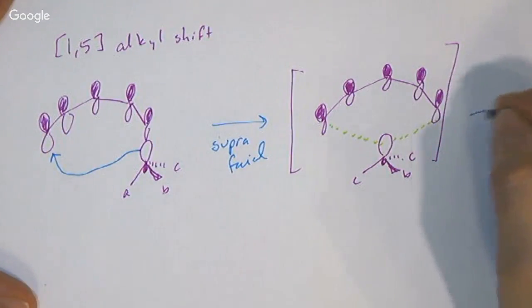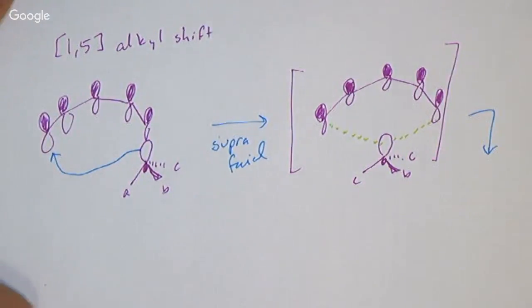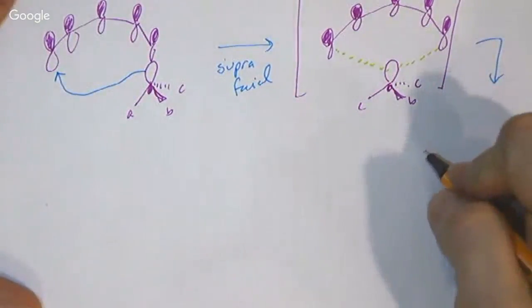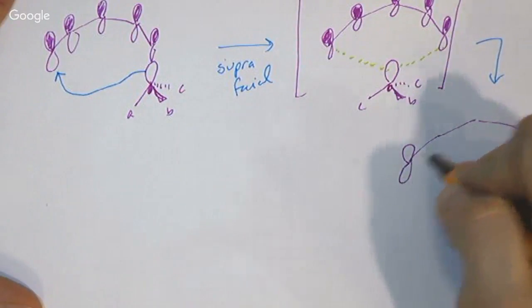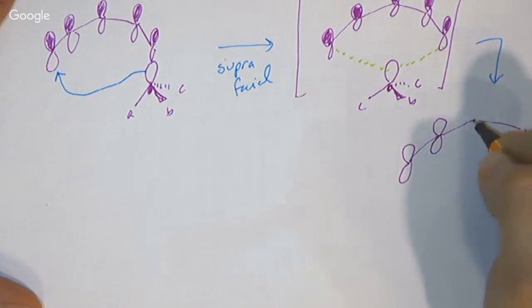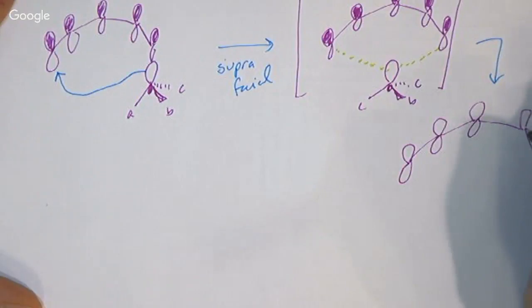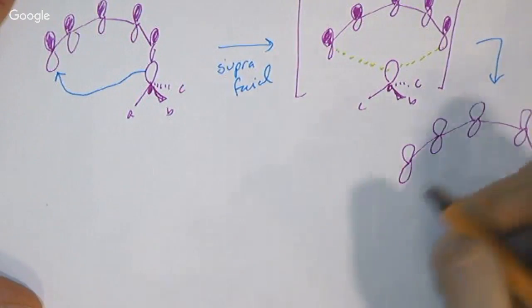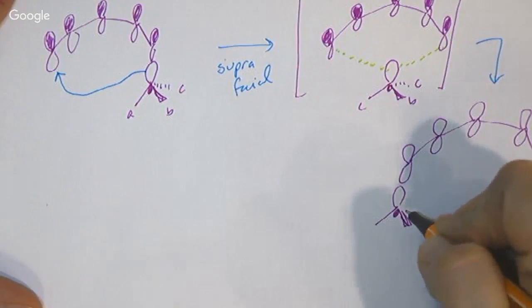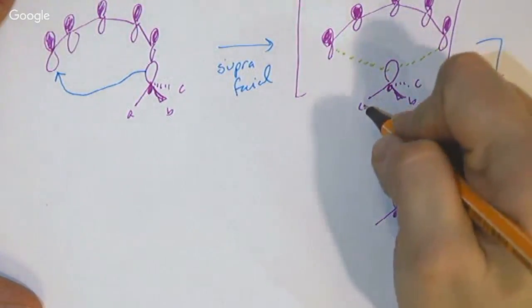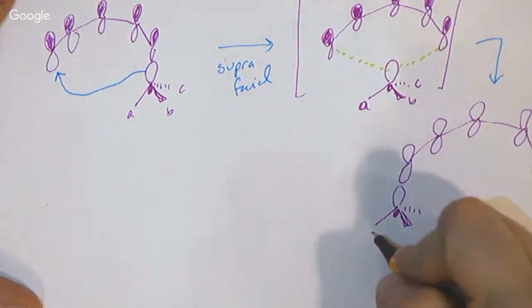And now when I draw my product, I'm just going to have it shifted from one particular carbon to another carbon 5 over. And I haven't done anything really to the stereochemistry, except there.